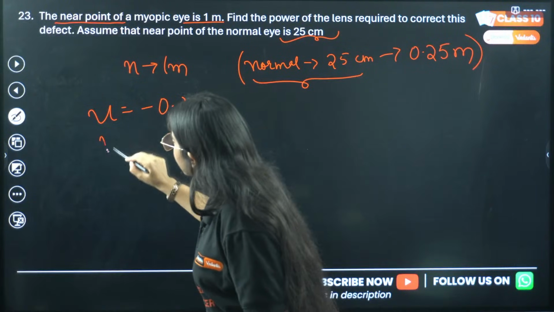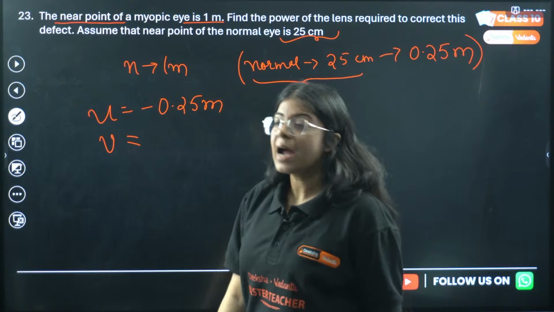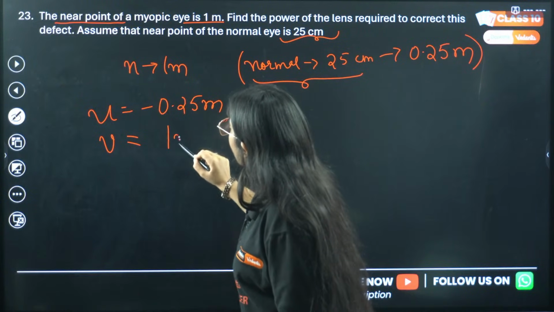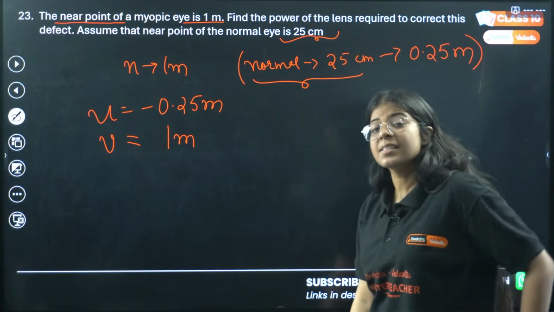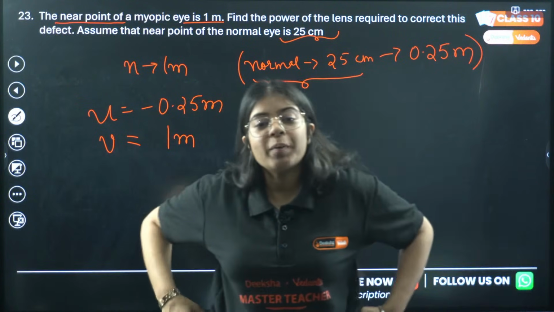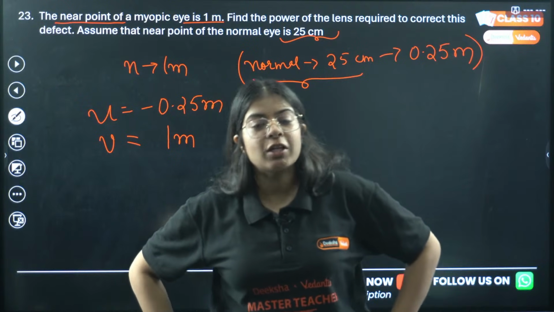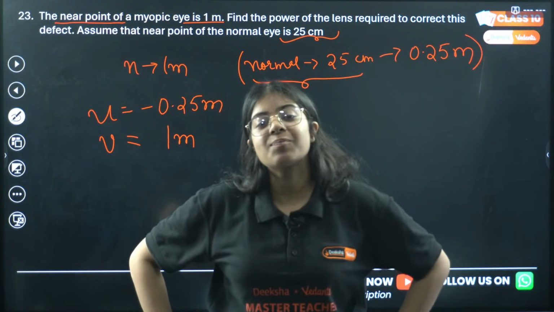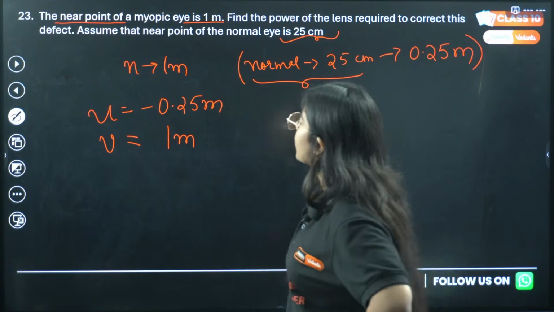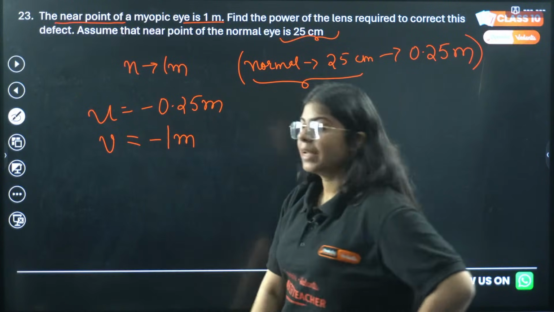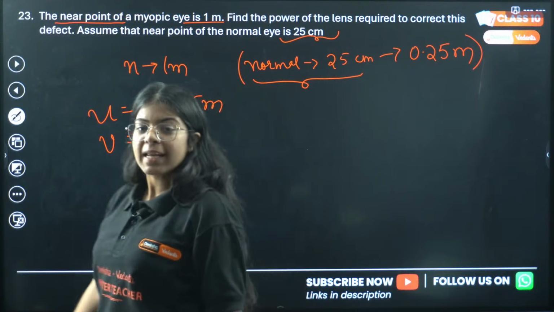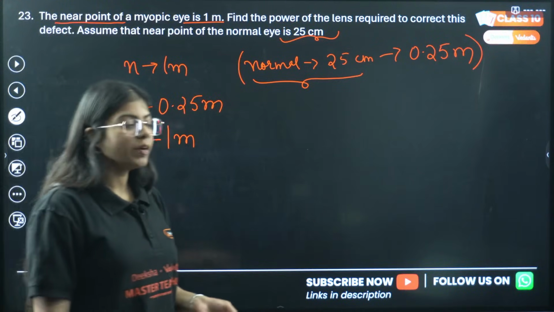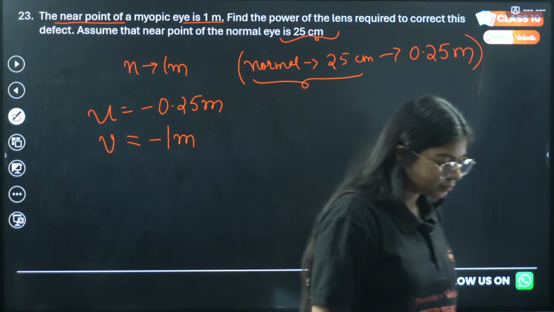The image will then be made at 1 meter from the lens. Since this is a myopic eye, we use concave lenses, and for concave lenses the values will be negative, because the object is placed very near to our eye. So we take both negative. Correct?